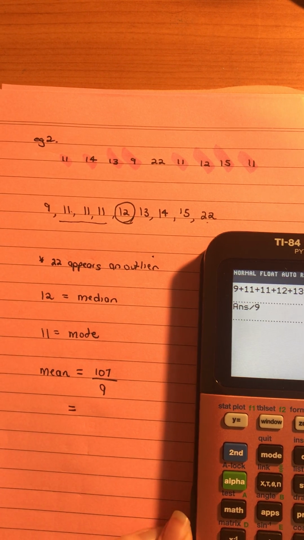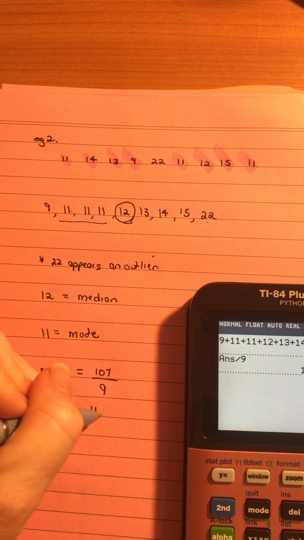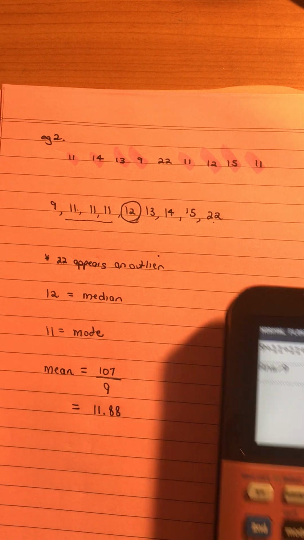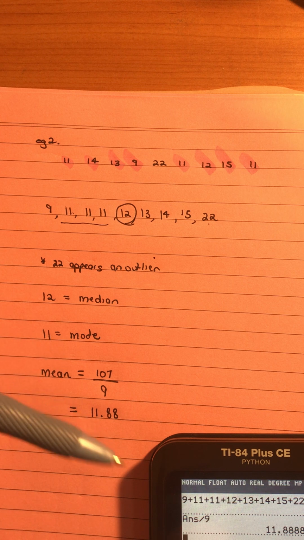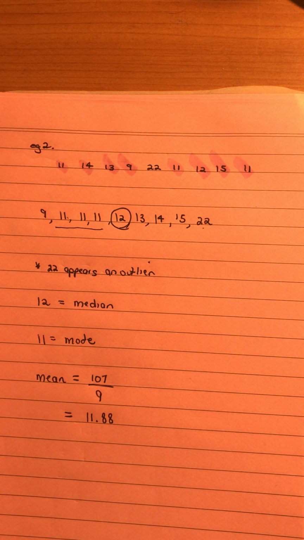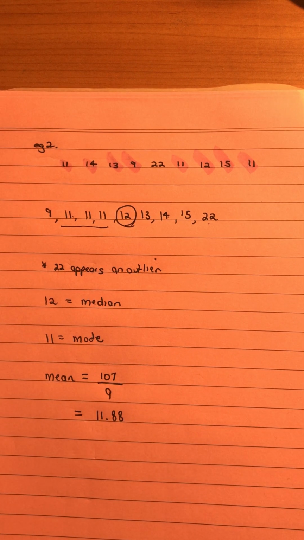So I can divide that by 9. And I get 11.88 for my mean there. So we've got our 3 different numbers there. And remembering that if you get 2 for your median, you're adding them together and dividing by 2.